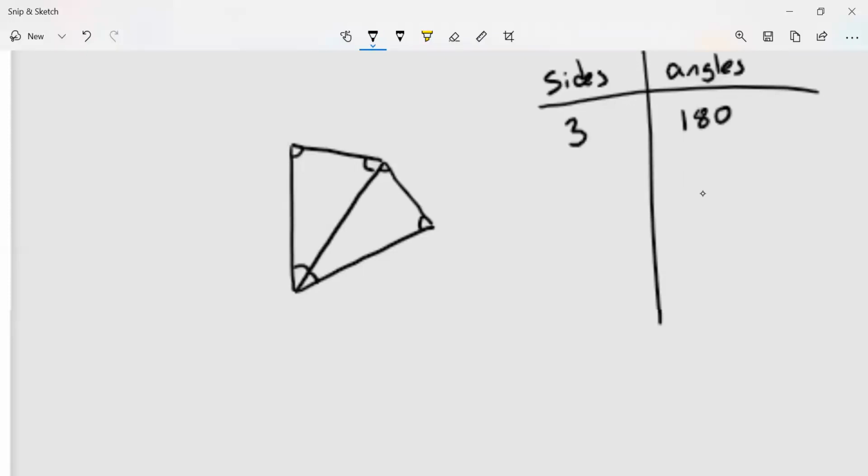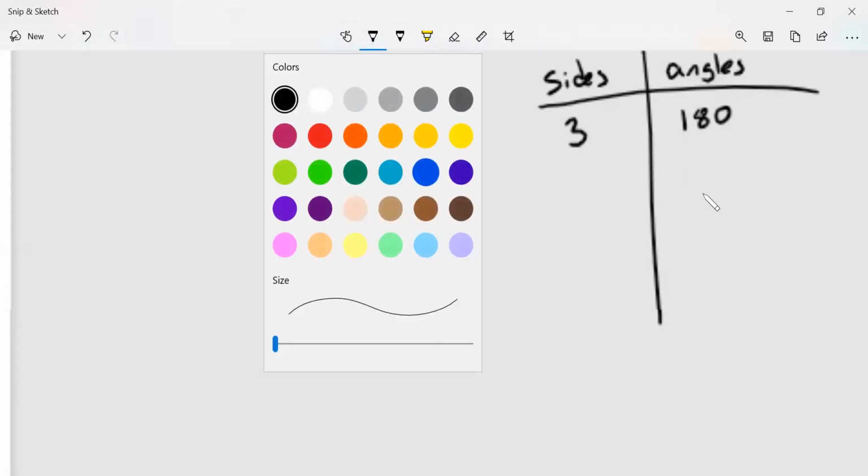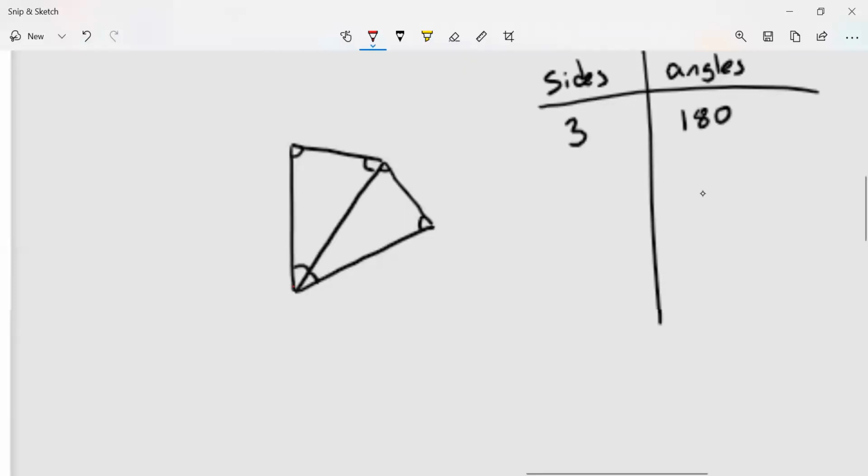Now let me take a look at this polygon. It has 1, 2, 3, 4, so this is a polygon with 4 sides. So when there's 4 sides, I'm going to go 180 times 2.